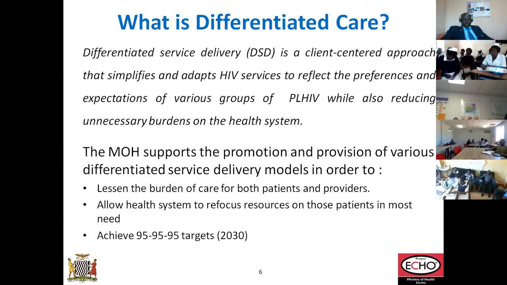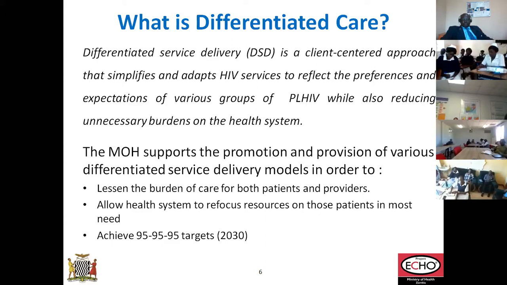However, the most important thing to keep in mind is that it must reflect the preferences and expectations of the patient, and at the same time also reduce the unnecessary burdens on the health system. In other words, you're differentiating based on specific parameters. So it could be in HIV prevention, treatment, care, and support. ART is just very popular because that's what people are using right now.